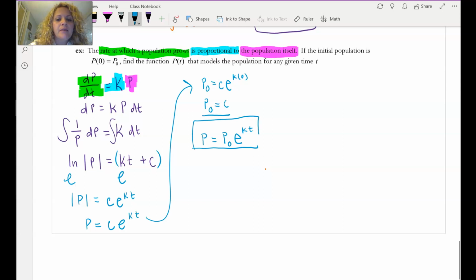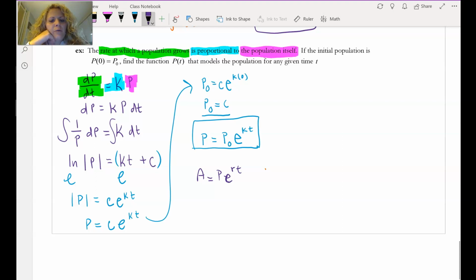And when you guys took Algebra 2, you did some work with equations. This might look familiar. Do you remember this equation? Sometimes we call it Pert. You use this when you're continually compounding interest.